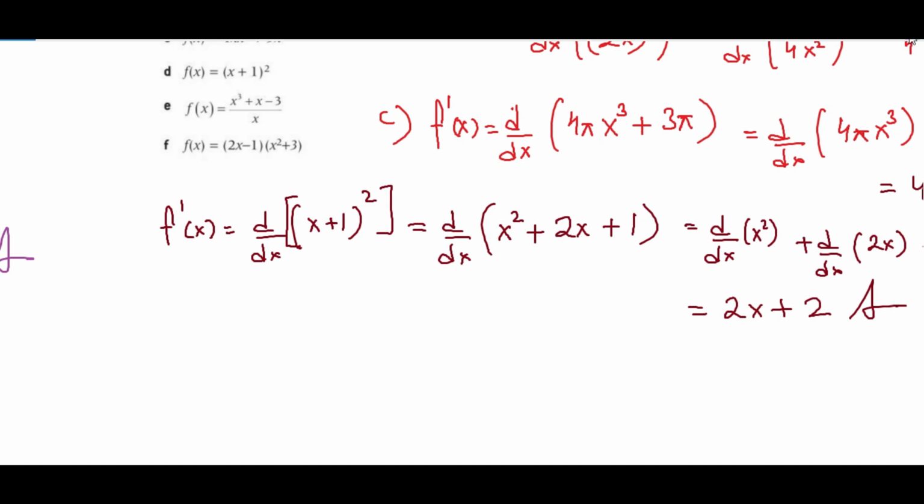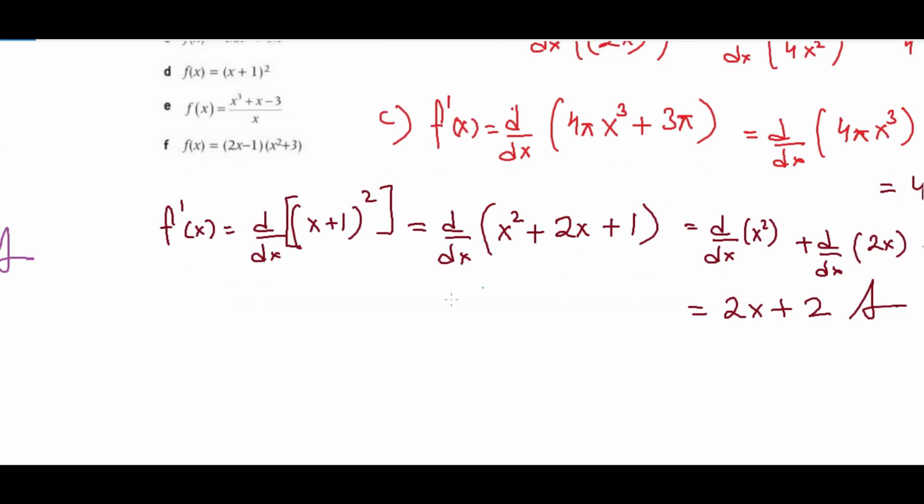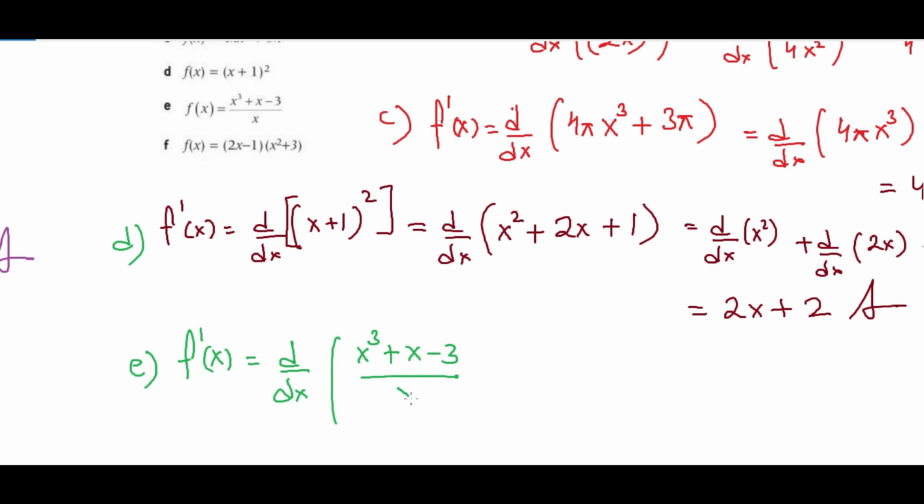Let's talk about the next question, in a different color, which is E. This was D and now we are solving E. So f dash x equals d by dx of (x cube plus x minus 3) over x.